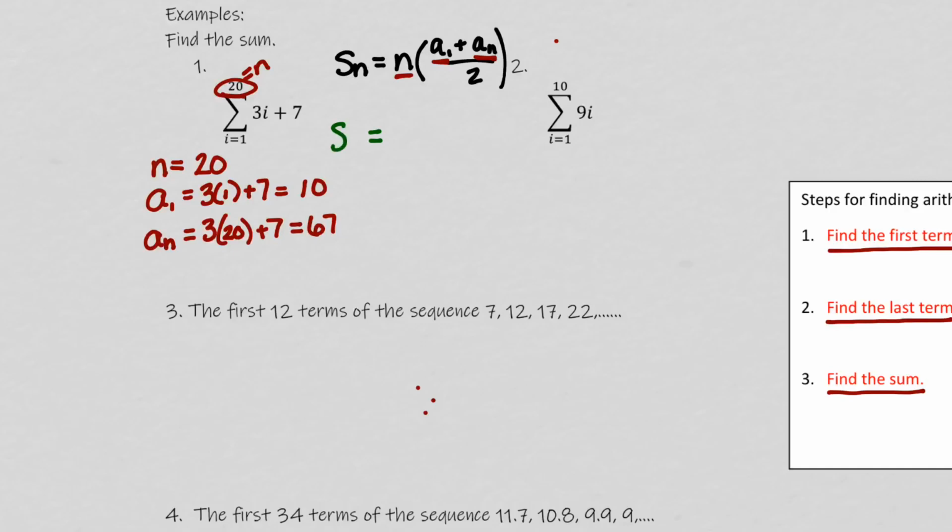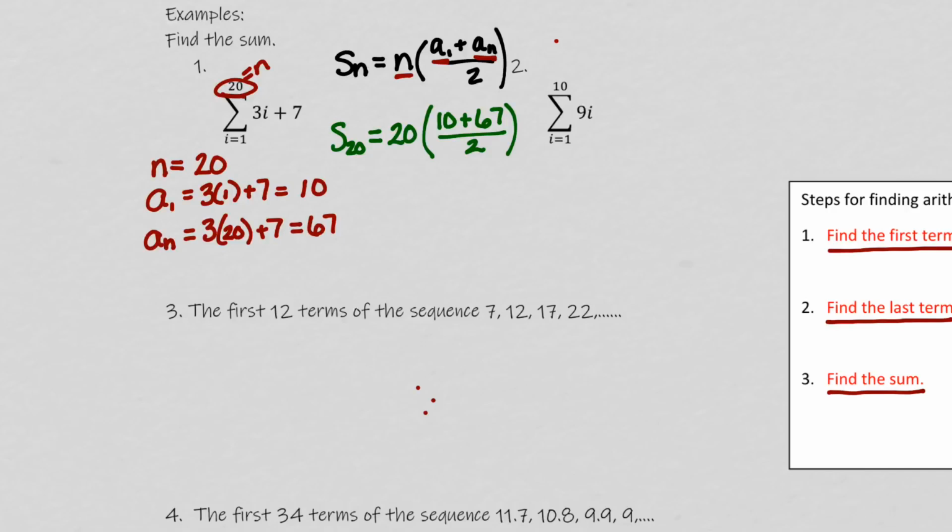So the sum of n, which in this case is 20 terms. So the sum of the first 20 terms is going to be n, which is 20, times a1, which is 10, plus an, which is 67, divided by 2. So it's taking the average of the first and last term.